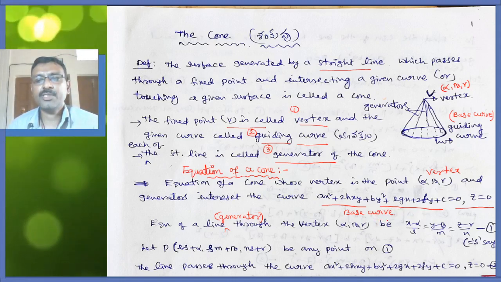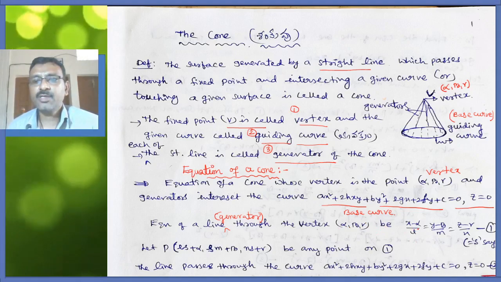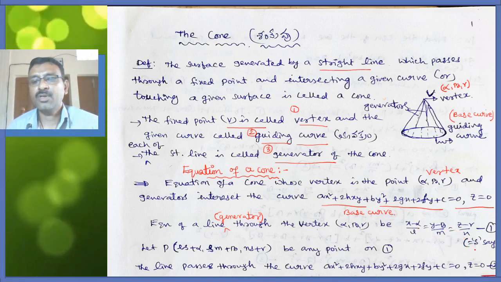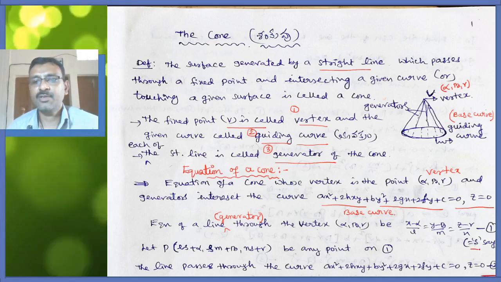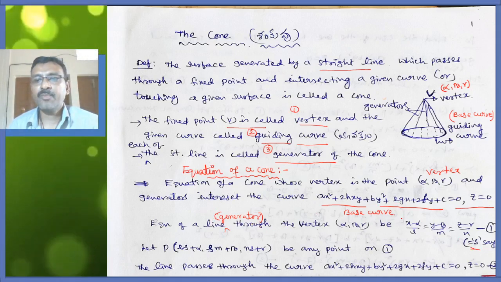Here it is the base curve. Okay. x minus alpha by l, y minus beta by m, z minus gamma by n. Let these three ratios be equal to some constant, say s. So I am equating the first ratio and s.